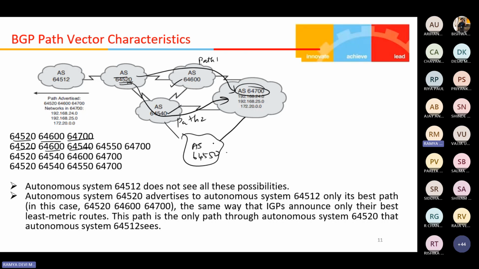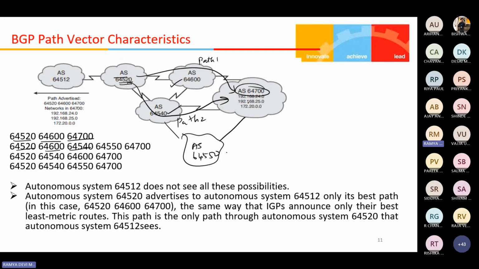Even though multiple paths exist inside the network, BGP will not advertise all of them to the external neighbors. Only the best path will be advertised. So autonomous system 64520 will be selecting the best path to reach 64700, depending upon the BGP decision rules.